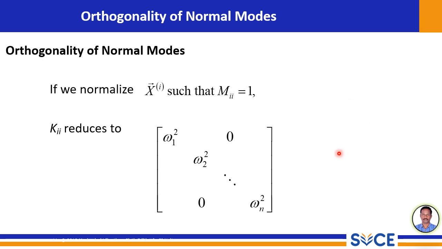Due to the orthogonality properties we discussed earlier, when we form the modal matrix using mass normalized mode shapes and then compute the product, the resulting generalized stiffness matrix becomes a diagonal matrix.